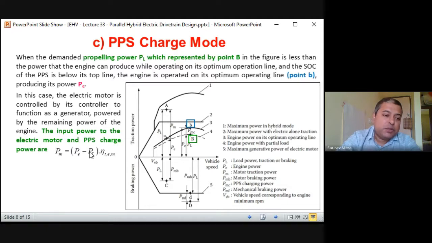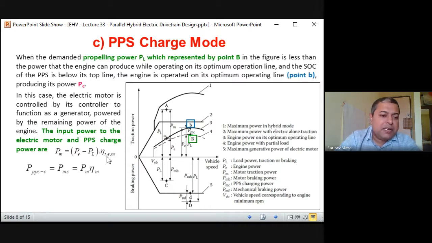That much power is produced, and that much power is multiplied by the efficiency, because whenever I mention PPPS and PM, this eta factor comes in, because whatever power is produced goes to the motor with the efficiency factor. This much power is produced, which is charging the PPPS, but it is charging the PPPS through the PM. So that's why eta TEM comes in.